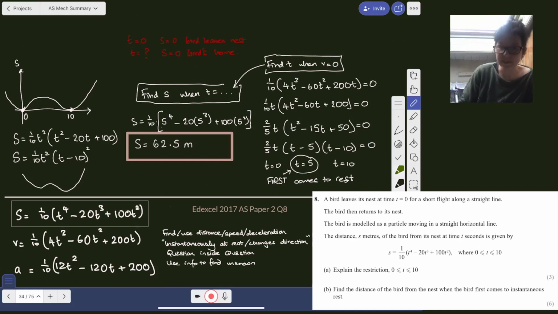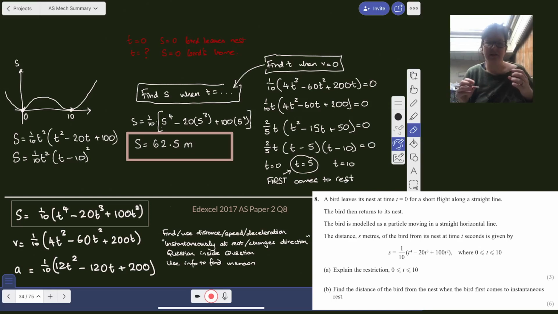So this was a sneaky question because the answer for the restriction is not that the graph would go negative, the s would be negative if t is bigger than 10. The answer is that the s is modelling the distance of the bird from the nest from the point when it leaves the nest for a short flight to when it returns to the nest.